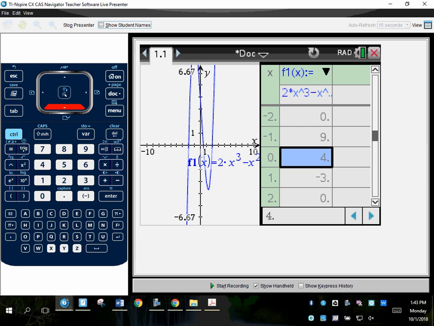At 0, the output's positive. At 1, the output's negative. In order for us to go from a positive value to a negative value, what value do you have to hit? 0. And by the way, somewhere between these two values, the function also has to equal 3, 2, 1, 0, -1, and -2. It hits every one of those values between those two.